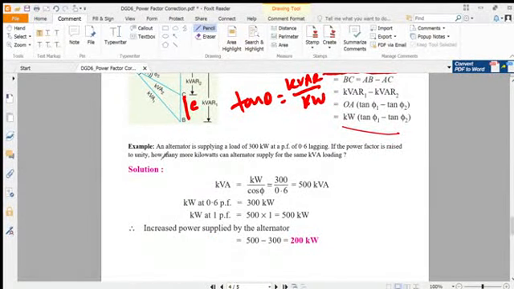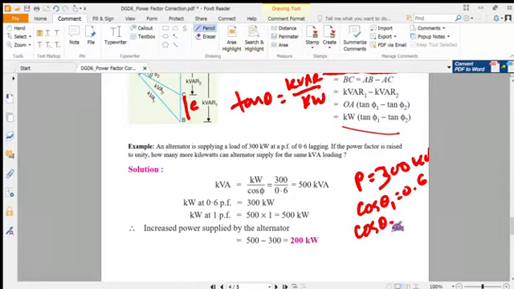Suppose an alternator is supplying a load of 300 kilowatt, so P is given here, P is 300 kilowatt. The power factor is 0.6. If the power factor is raised to unity, that is cos theta 2 equals 1, then how many kilowatts?